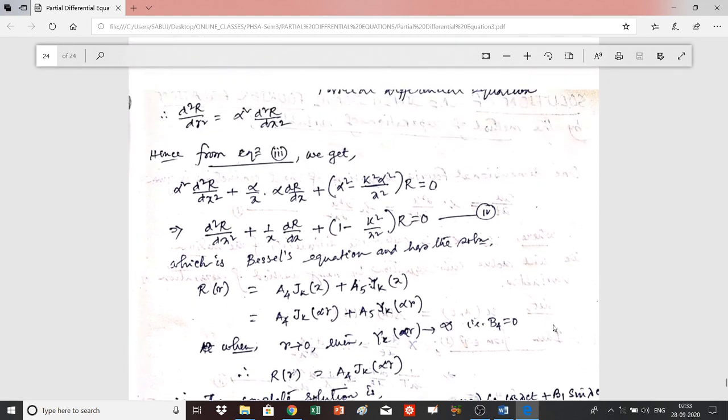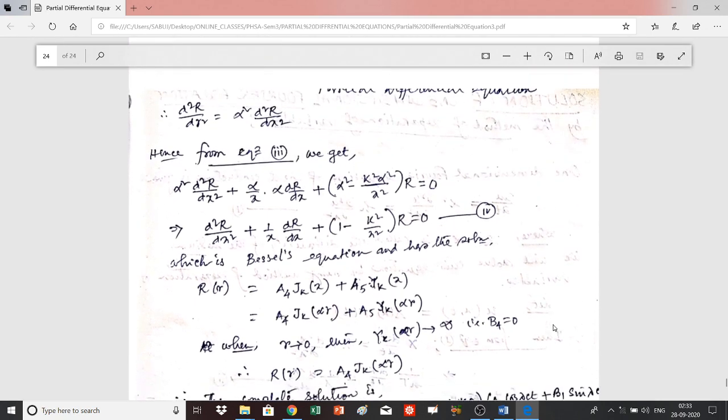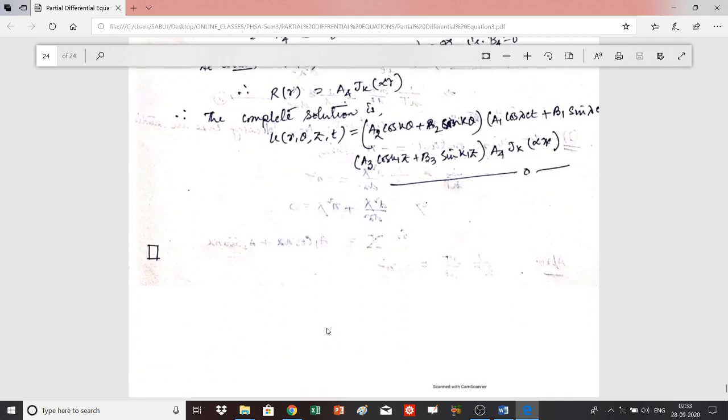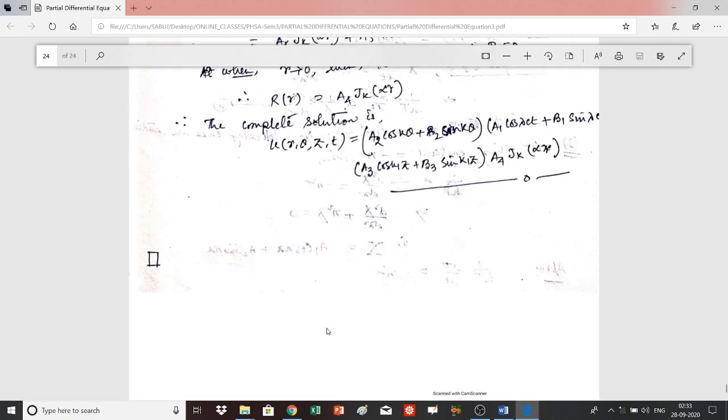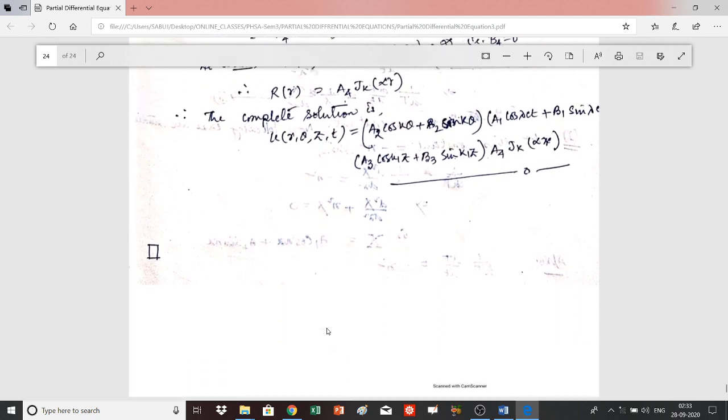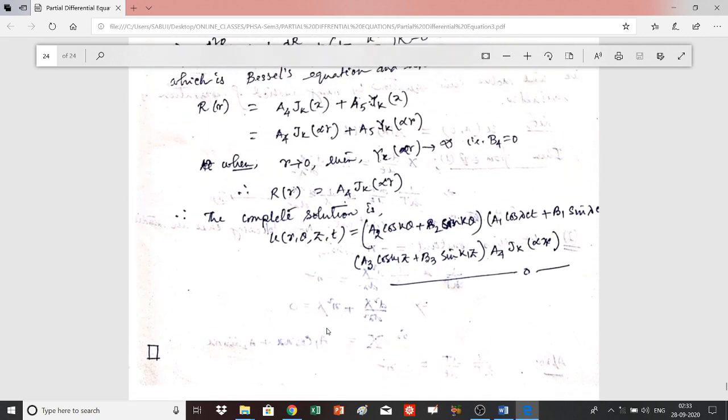Just use all the values from here. The value of capital R is here, this value is for capital theta, this value is for capital T, and this value is for Z. So this is the complete solution of the wave equation in three-dimensional cylindrical coordinates. And this is the end of this lecture, the end of this class.